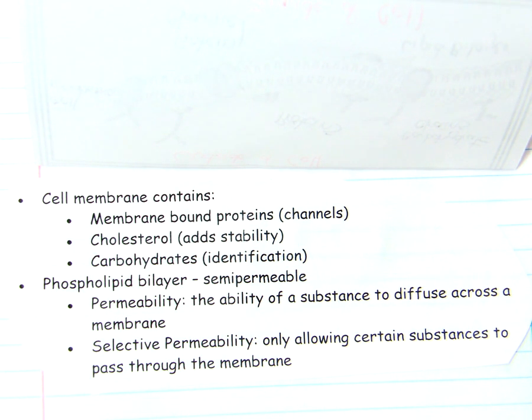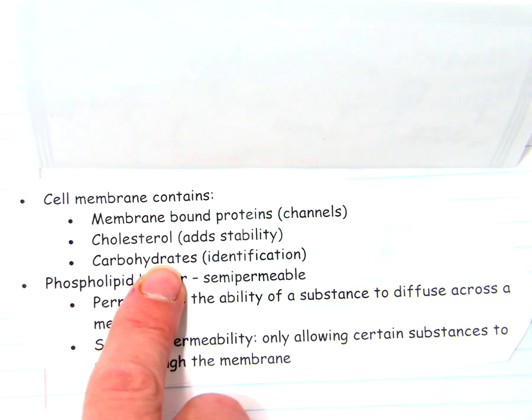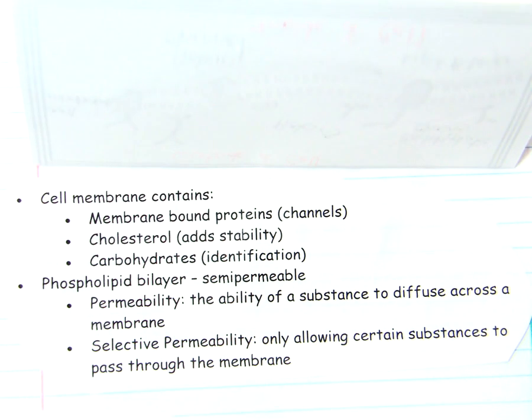This helps to add stability to the cell membrane, helps to keep it from falling apart. And then the carbohydrate chains that we labeled help the cell to identify one another. Very important in multicellular organisms. We need to know which cells belong to our bodies and which ones don't.